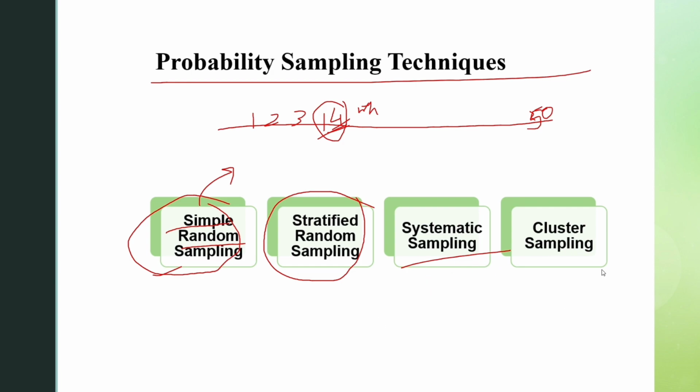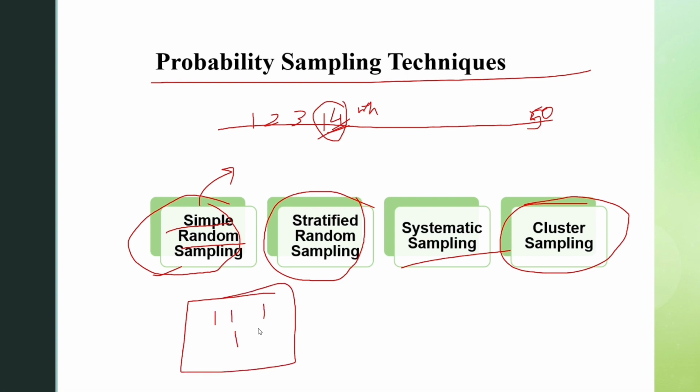Cluster sampling. Cluster sampling divides the entire population into groups and then randomly selects some of the groups, and all the individuals within the selected groups are included in the sample. Say we have an entire population of 10 individuals, and we created three groups of three individuals each, or maybe one of four individuals.